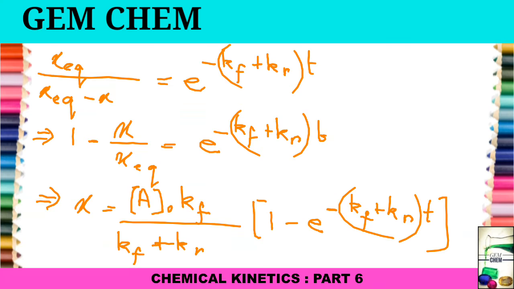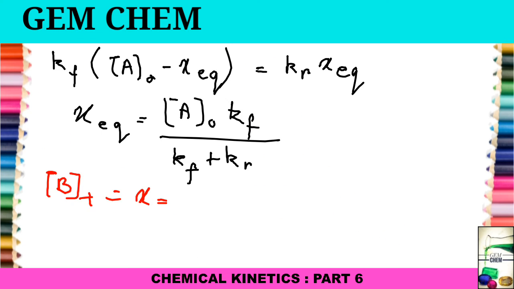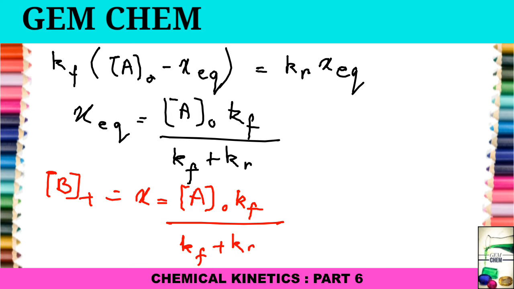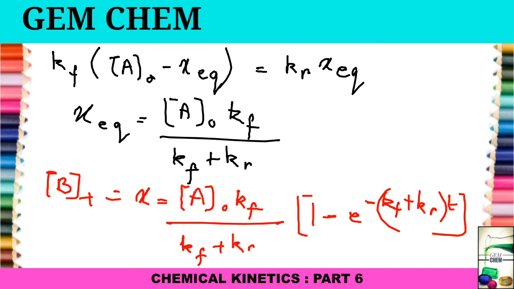So in the previous slide we have already seen this is the value of X which is being obtained. We will just substitute the value here, A naught Kf by Kf plus Kr, and in brackets 1 minus e to the power minus Kf plus Kr multiplied by T and close brackets.